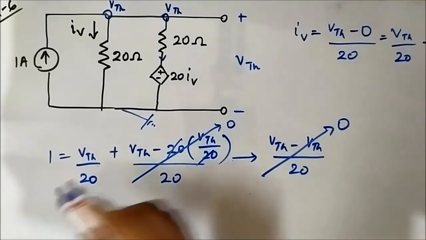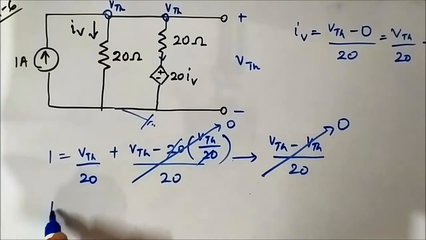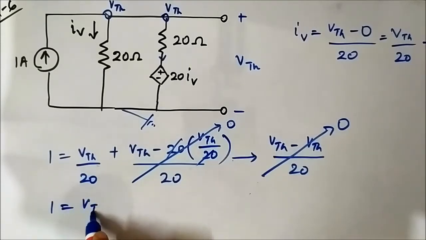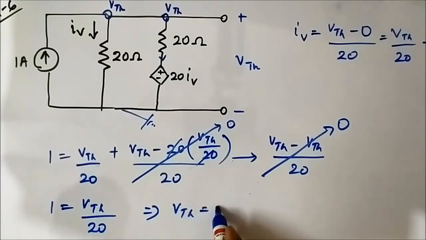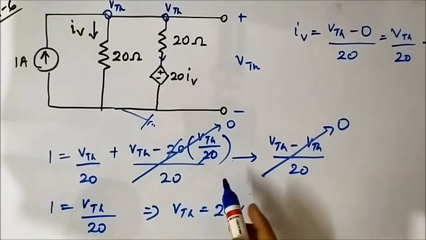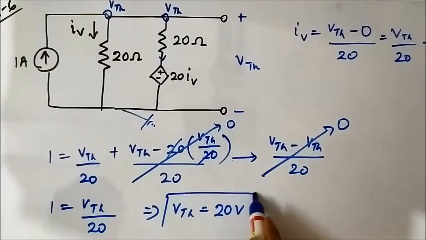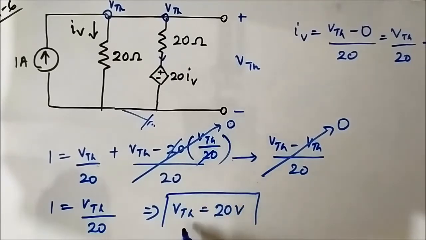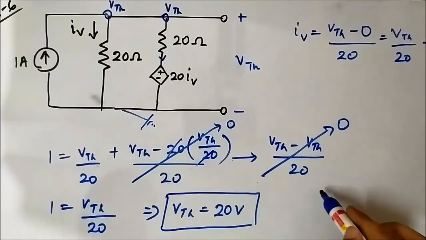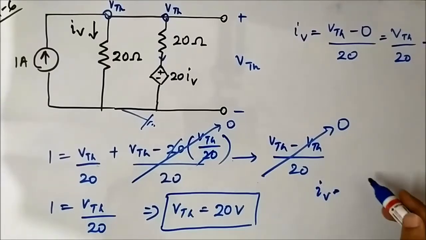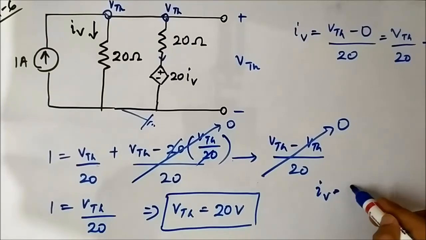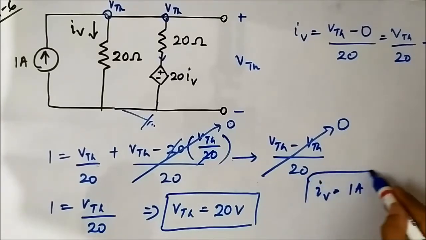Now 1 is equal to VTH by 20, that implies VTH is equal to 20 volt. Thevenin voltage is equal to 20 volt. And IV is equal to VTH by 20, which is not required, but still let us calculate, which is 20 volt by 20, which is 1 ampere.